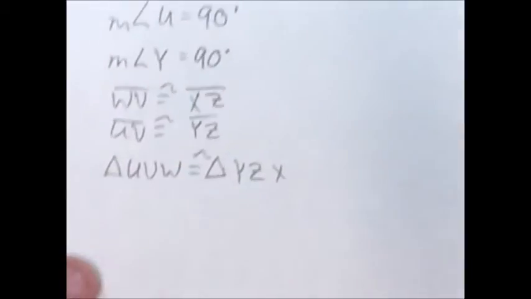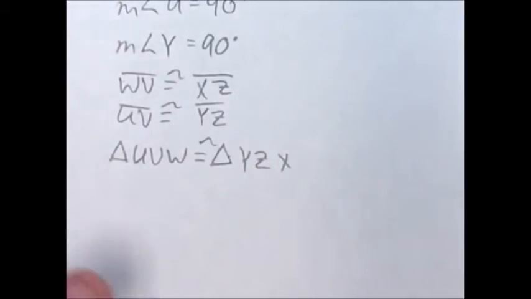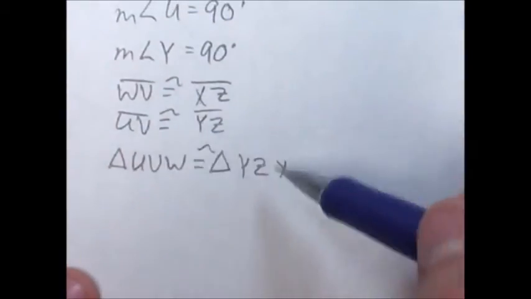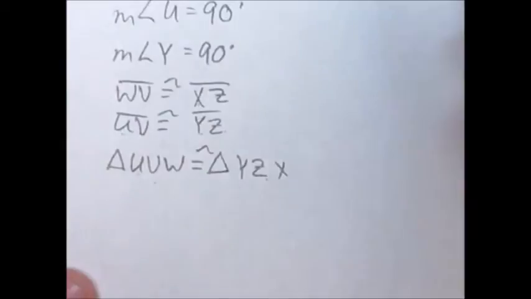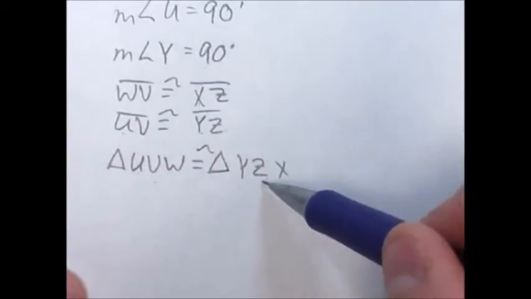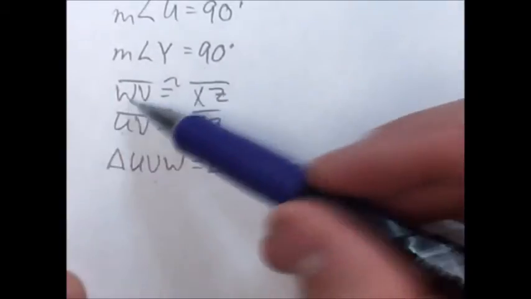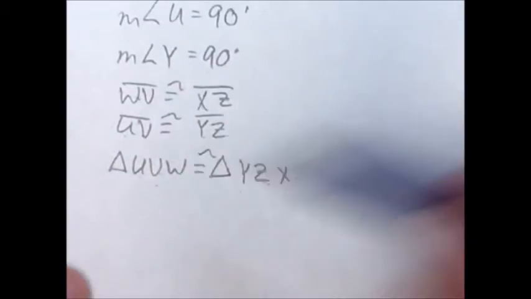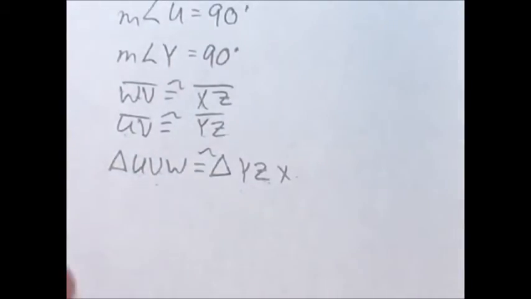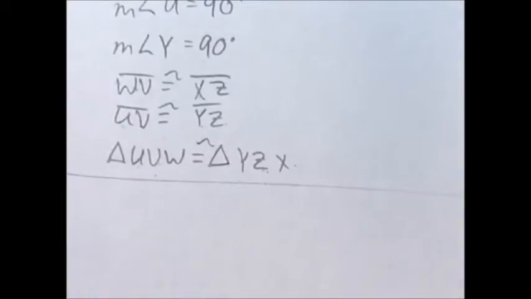If you ever get confused on how to write down the order of the triangles, just look at one of your congruency statements. Notice that UV is next to each other, YZ is next to each other, X and Z are next to each other, and W and V are next to each other. Okay, there's your final congruency statement.